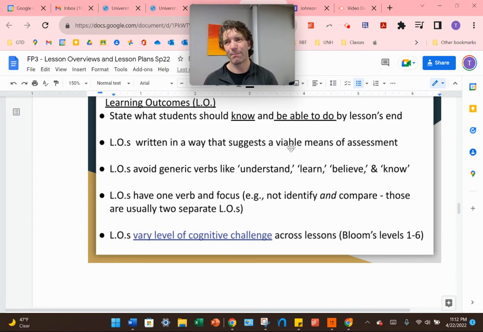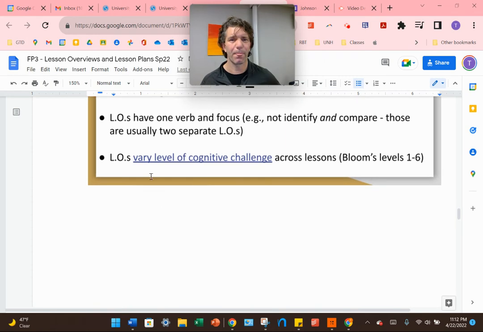Be able to describe that by either drawing it, or writing it, or explaining it in an audio recording. So that would be a learning outcome written in a way that suggests how you are going to assess it, and it suggests the level that you're going to ask them to know about it.